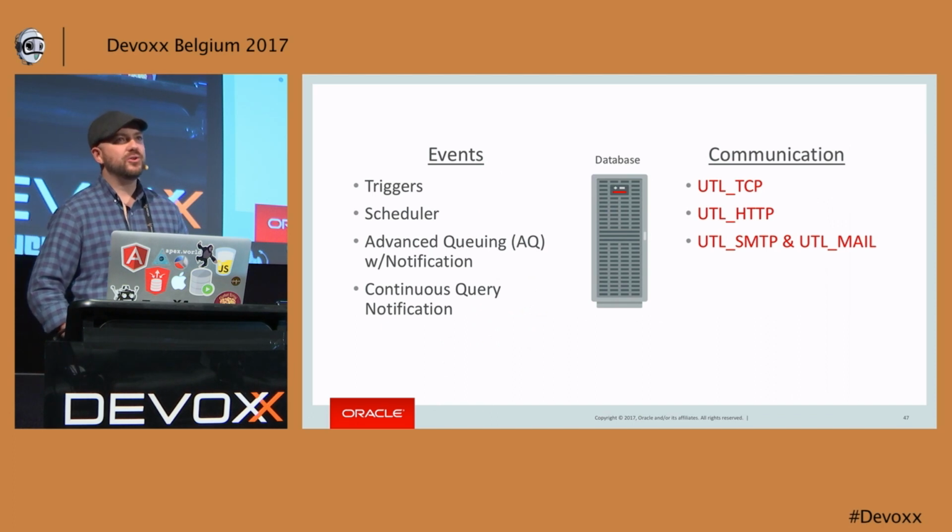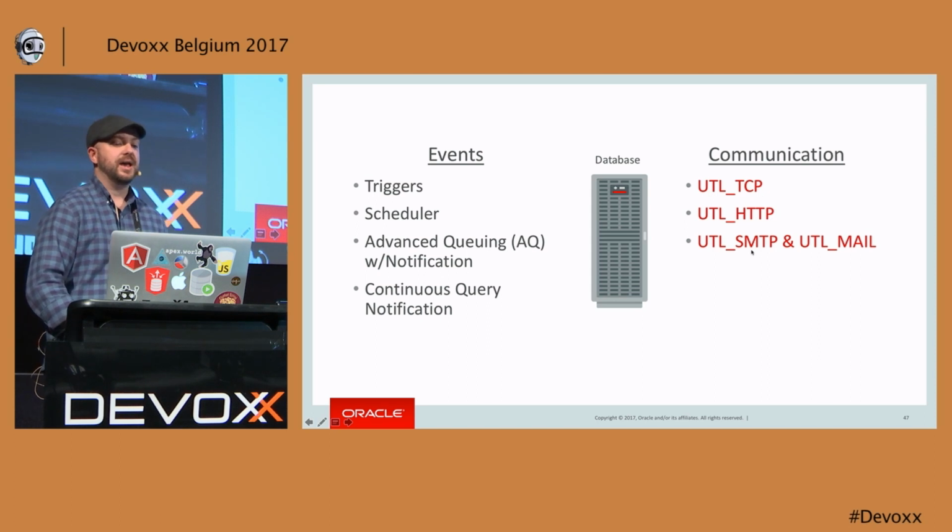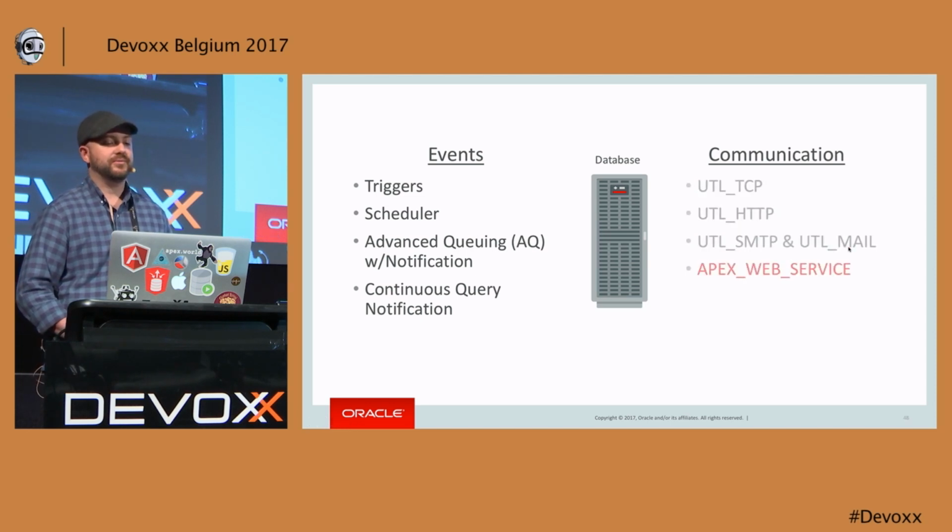As far as communication goes, again, this is going to vary by database. In Oracle, we've had all kinds of communication packages for the longest time, for TCP, for HTTP, and also SMTP and mail, if you need those. What I ended up going with myself was Apex Web Service. And Apex is short for Application Express.